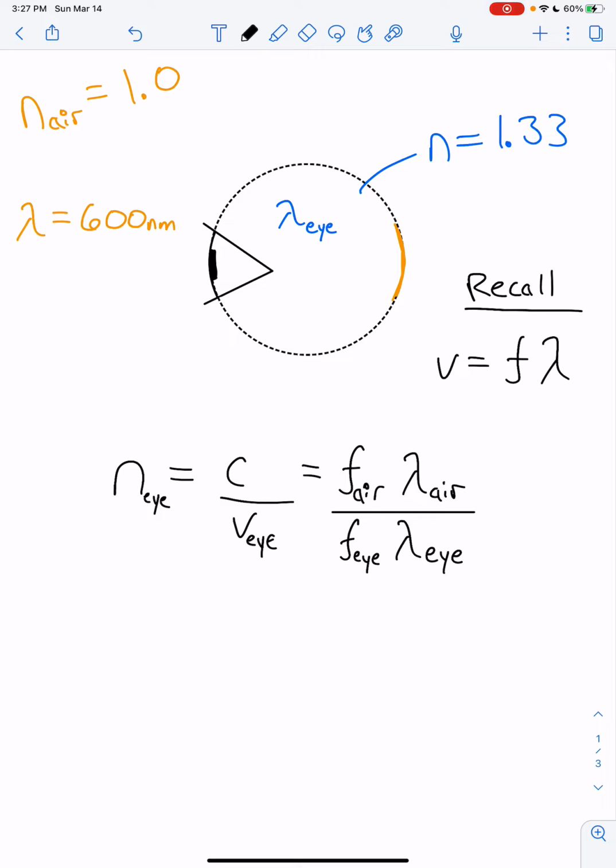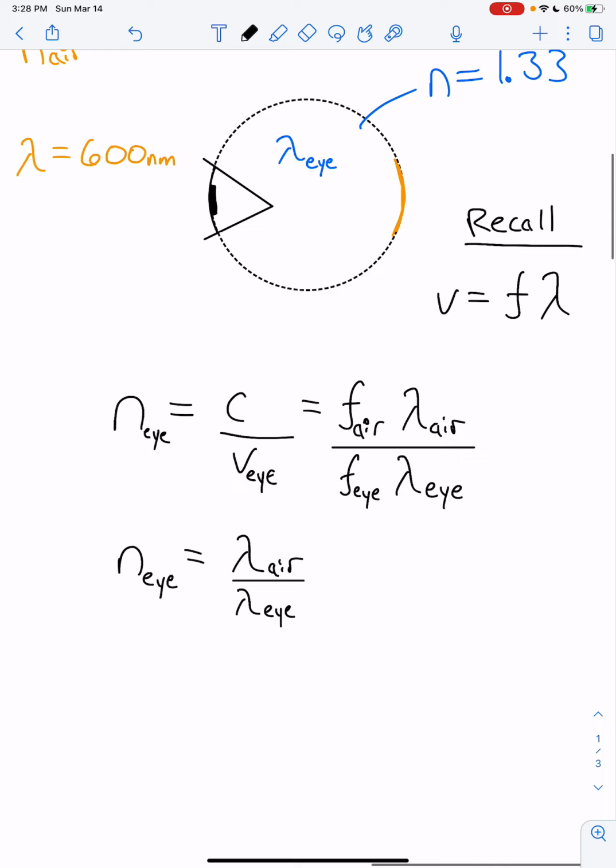The thing is, when we have light waves going into a medium, the frequency does not change, but the wavelength does. So those frequencies cancel, and what we have are the two lambdas. So basically, we can also define the index of refraction in terms of the ratio between the wavelengths. And this gives us a way now of finding the wavelength of that light in the eye.